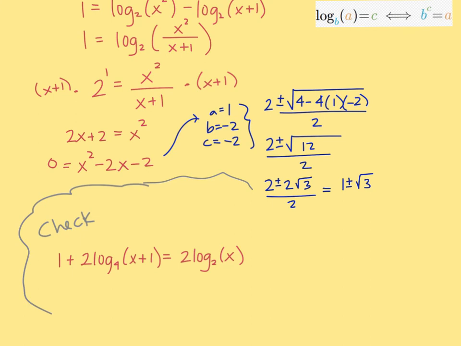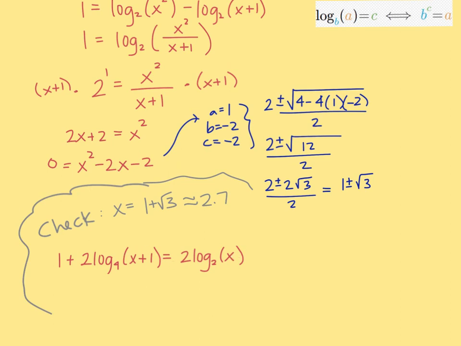So I got our original problem since it's been so much time since we've seen it, but here's our original problem. I want to check both of these solutions, 1 plus root 3 and 1 minus root 3. Root 3 is like 1.7, so if we think about adding those, it's like 1 plus 1.7. So if we check 1 plus root 3, that's approximately 2.7. So if we plug in 2.7, is that positive? Yes, inside both.